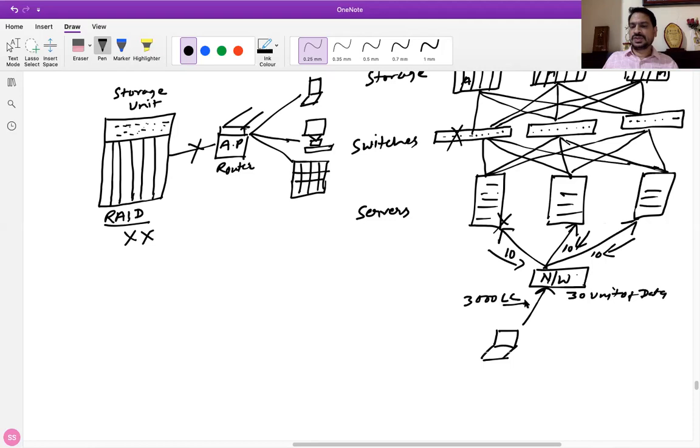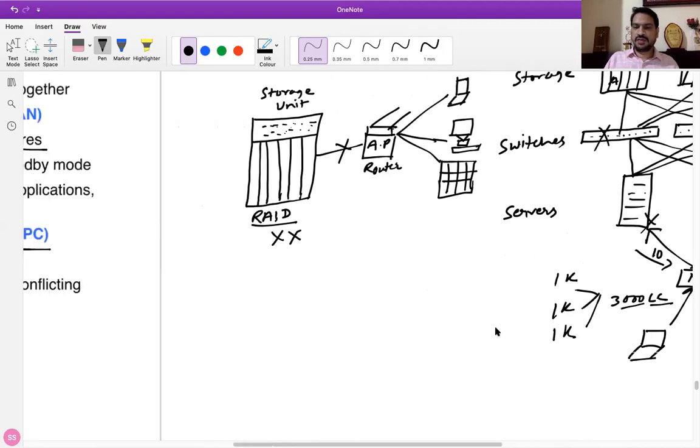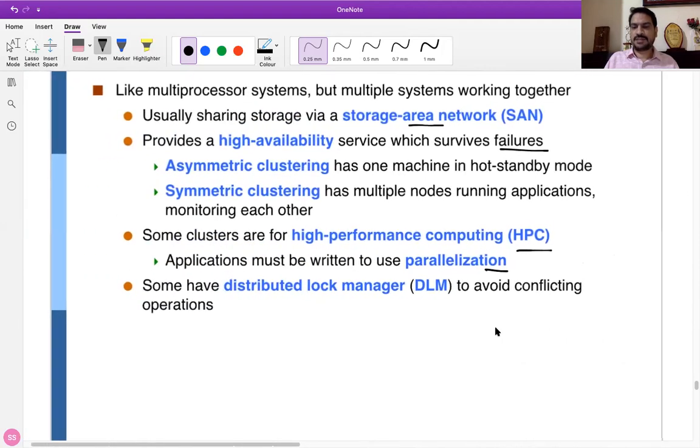This 3000 lines of code is divided into 1000 lines each, depending on whether all these pieces are independent of each other, by applying parallelism. These 1K, 1K, and 1K lines of code are given to the servers. If they need memory, they will use it. Otherwise, they will serve and give the result back to the client. So that will happen in symmetric architecture. In the asymmetric architecture, only one unit is active, and parallelism would not be possible.